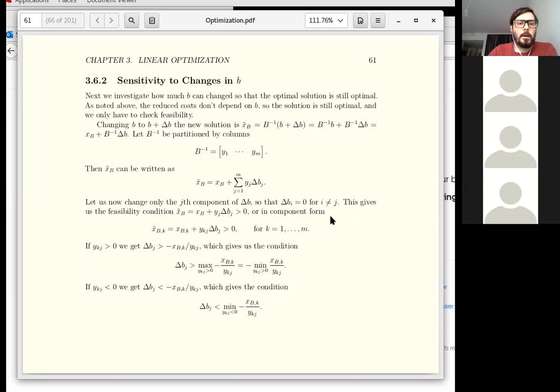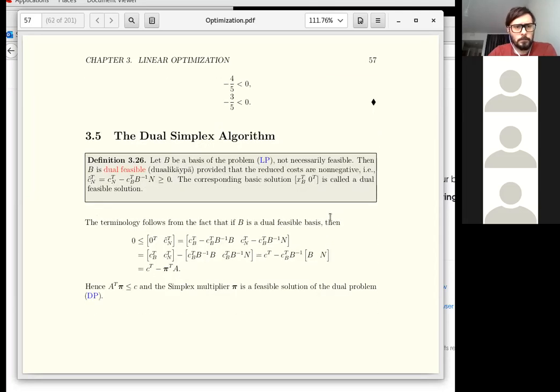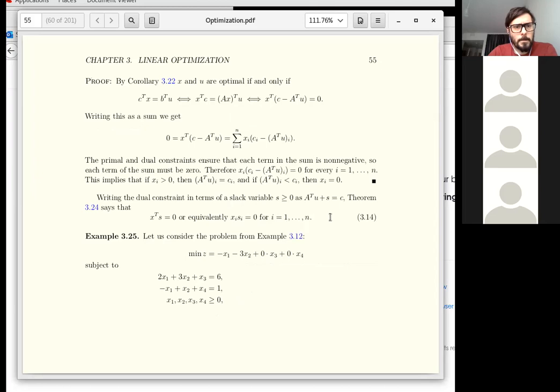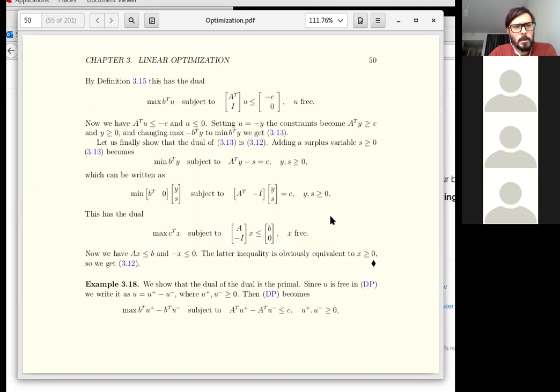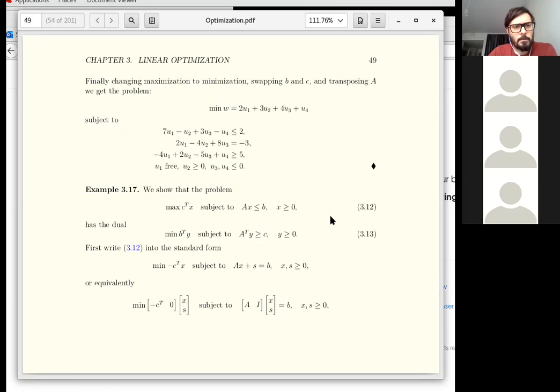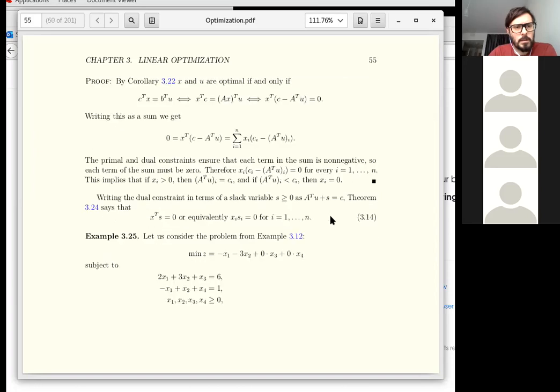All right, now let's have a small workshop here. Here is example 3.25.